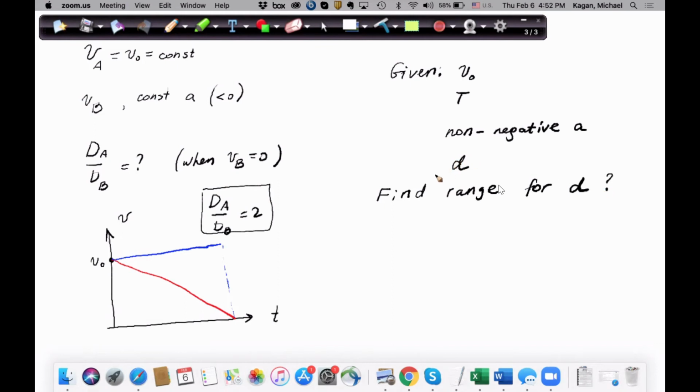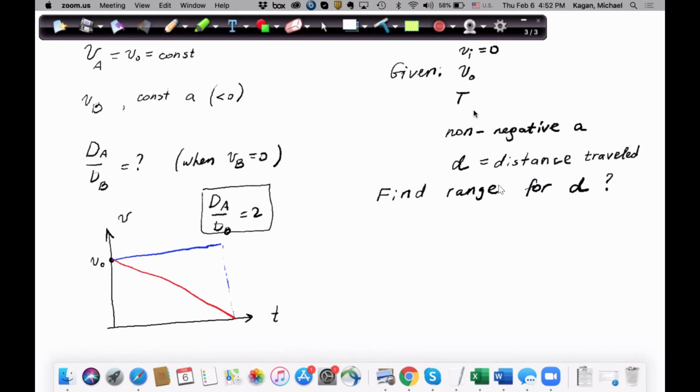So it's not that it's really given, but d is the distance. Okay. Do you want me to repeat it? So you start from rest, right? The initial speed is 0.